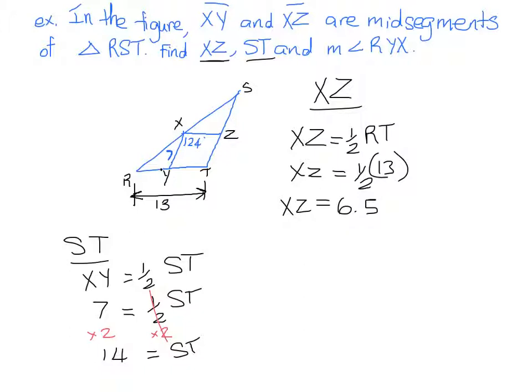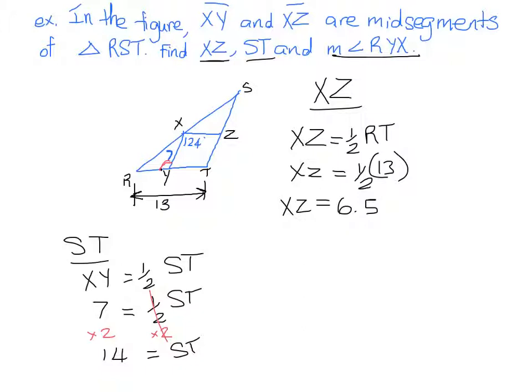Now all we have to do is find our angle RYX. Let's mark this on our diagram. Angle RYX is here, so I'm going to put in a little angle marker. You may recall from a previous unit that if we have two parallel lines cut by a transversal, we create certain angle relationships.